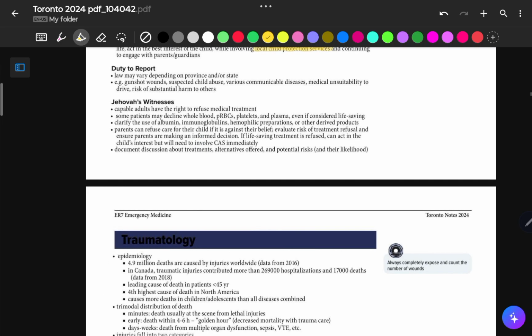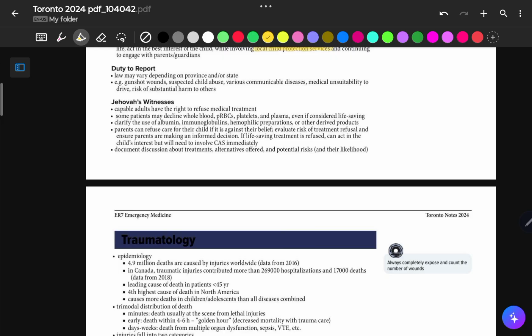Okay, so Jehovah's Witnesses: capable adults have the right to refuse medical treatment. Some patients may decline whole blood, red blood cells, platelets, and plasma, even if considered life-saving. Always remember that you need to explain to them well the risk of refusing such care, and then you need to give them alternatives that can actually boost maybe their blood levels.